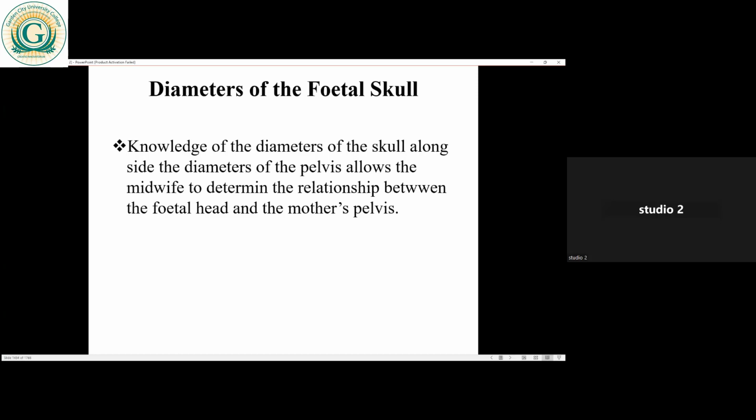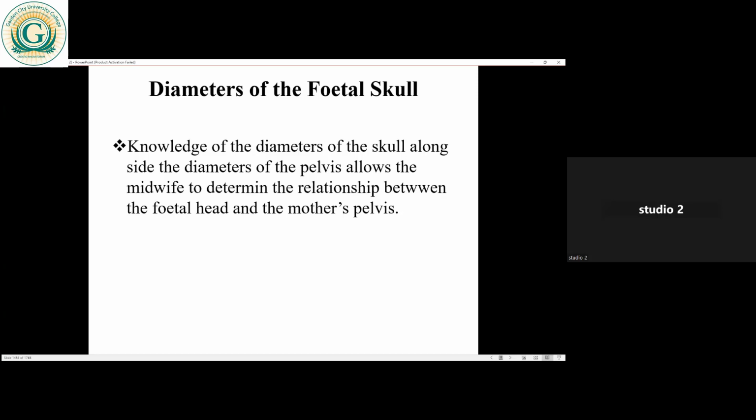The knowledge of the diameters of the fetal skull will help us to understand how the baby moves into the pelvis, and to determine the relationship between the fetal head and the mother's pelvis. If the anterior posterior diameter of the pelvic brim, which we saw earlier, is 11, it means that the fetal head diameter going into that should be less than 11, otherwise it can't enter.